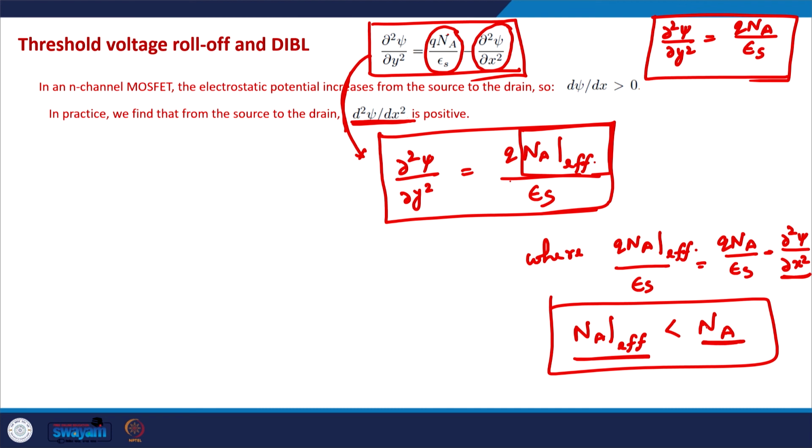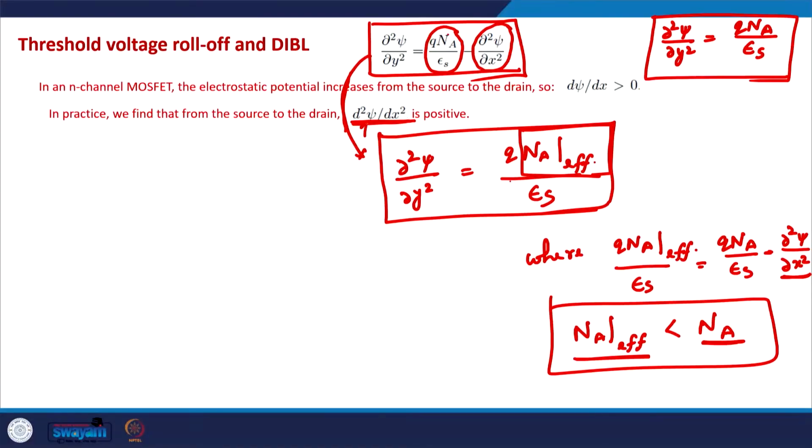I will give you a small homework assignment to look at how various parameters will change while considering the 2D electrostatics. How will the depletion width change, how will the depletion charge change, how will the threshold voltage change when this term del 2 psi by del x square is significant?